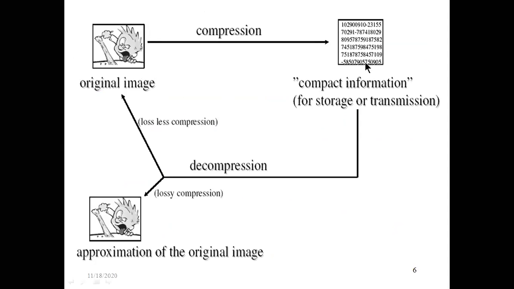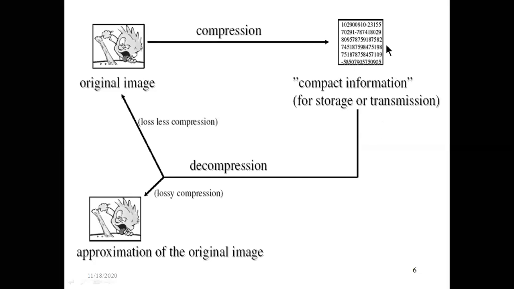This is the compressed image, or the compact information. Compact information means we have removed the redundant data. That's why it is called compact information. This can be used for storage or transmission. After compression, you can store or transmit it.